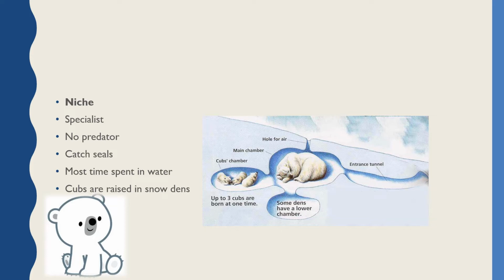Polar bears spend a majority of their time in the water. Polar bears obviously cannot swim forever, since they require ice to rest from time spent traveling and hunting. Polar bears' cubs are raised in snow dens, since these animals also require snow in order to raise their young.